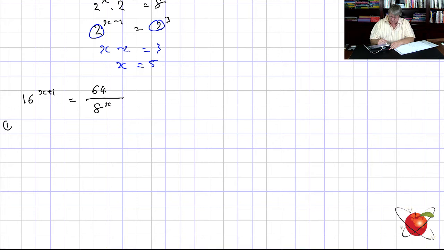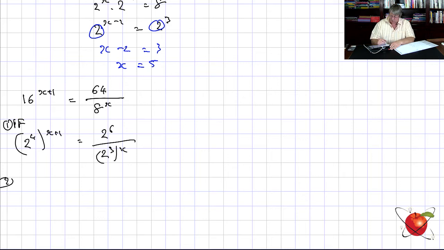Step 1, prime factors. Let's see if my recipe holds. 16 is going to be 2 to the power of 4. So 2 to the power of 4, all to the x plus 1, is equal to 64, 2 to the power of 6, over 2 to the power of 3, and there's my x there.